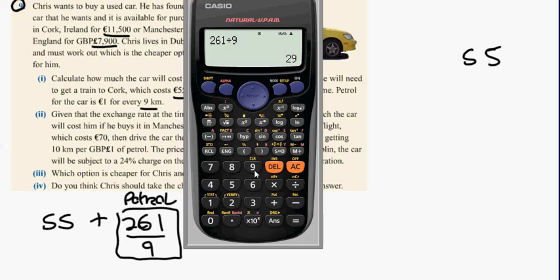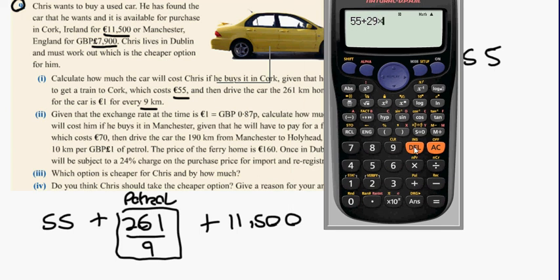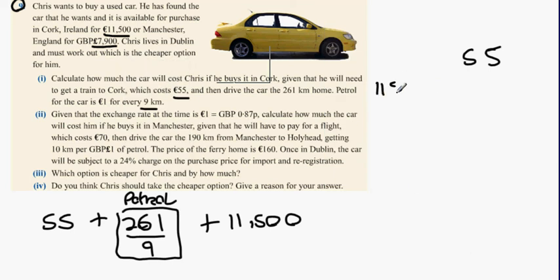So it's going to be 55 plus 29 plus 11,500, which is 11,584. Okay, so that's 11,584.